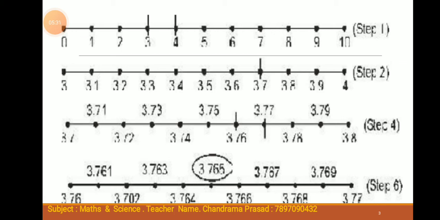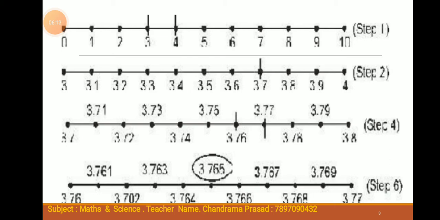Now divide the interval between 3.76 and 3.77 into 10 equal parts, which can be represented on the number line by 3.761, 3.762, 3.763, 3.764, 3.765, 3.766, 3.767, 3.768, 3.769 and 3.77.